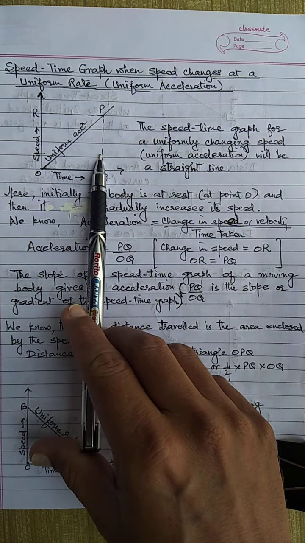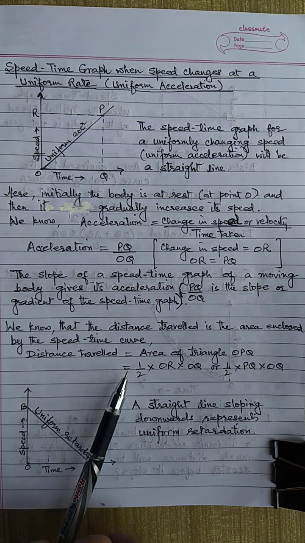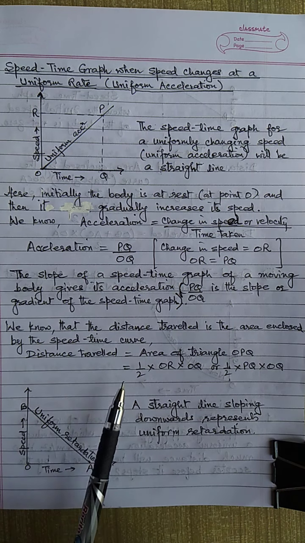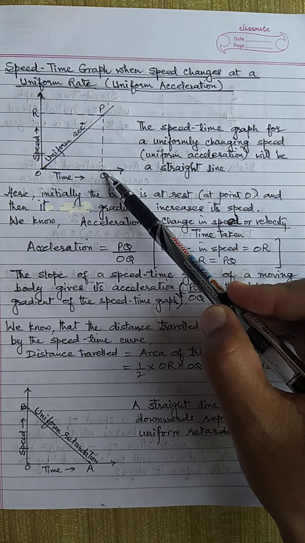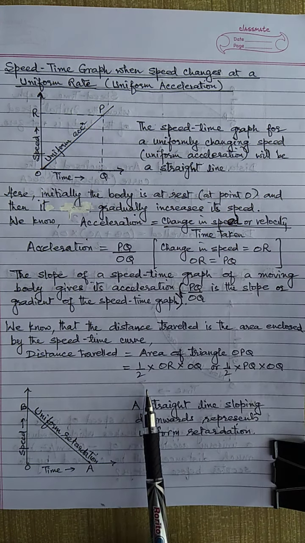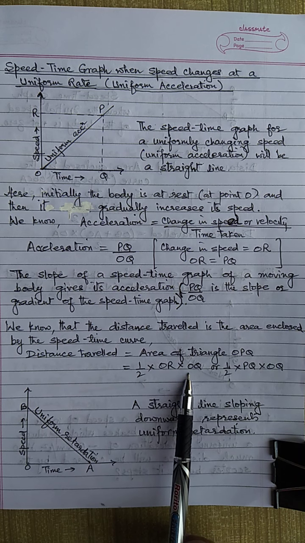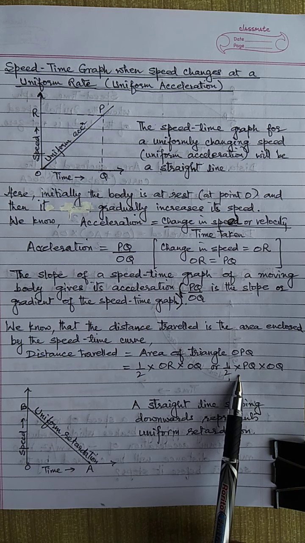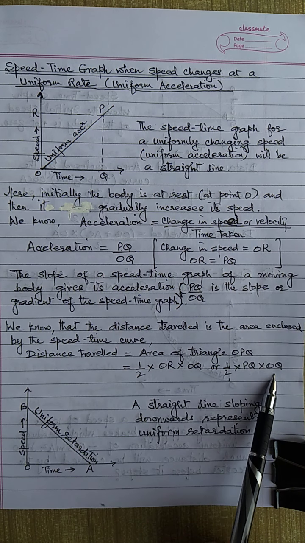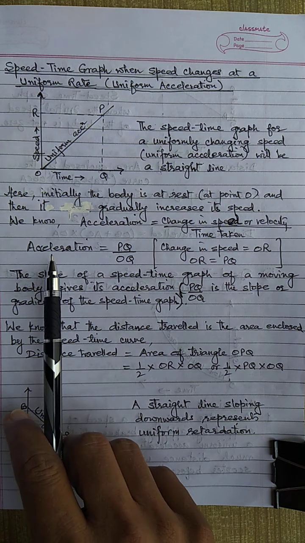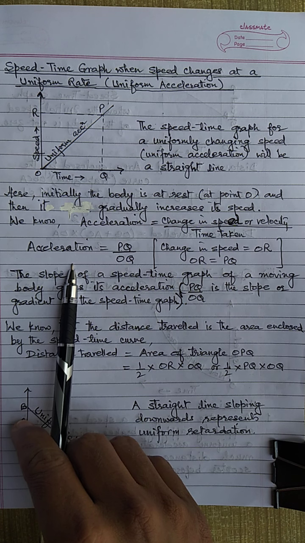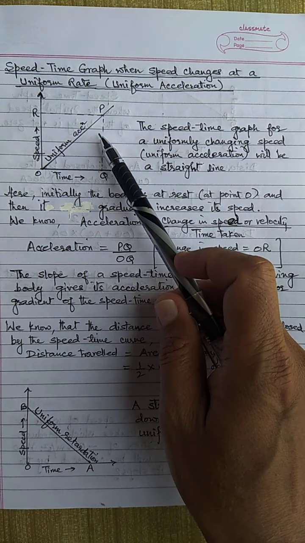The area of the triangle OPQ is half perpendicular into base. That means half OR into OQ, or you can write half PQ into OQ. So we can find the distance traveled as well as the acceleration if the curve is like this.